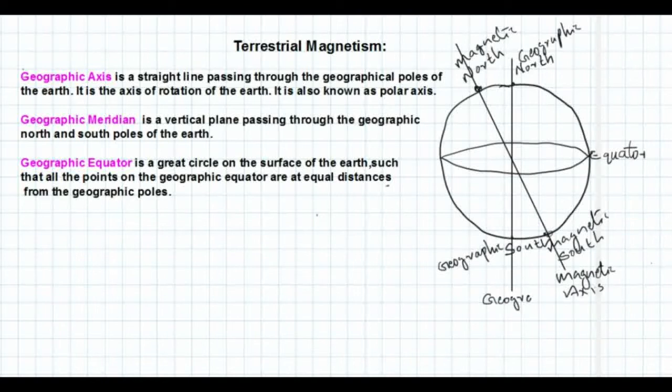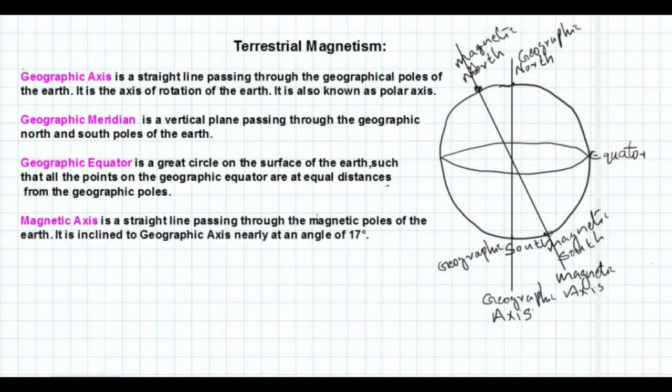Now an axis is drawn through this magnetic north and magnetic south poles, right? So this is called magnetic axis. Now similar to this geographic axis, we have magnetic axis also.